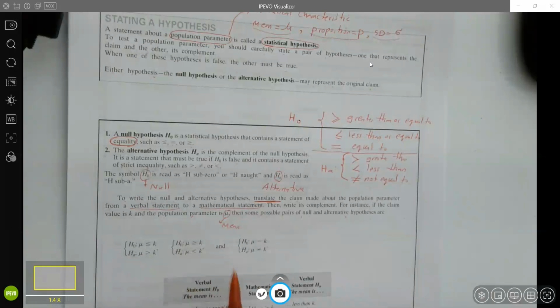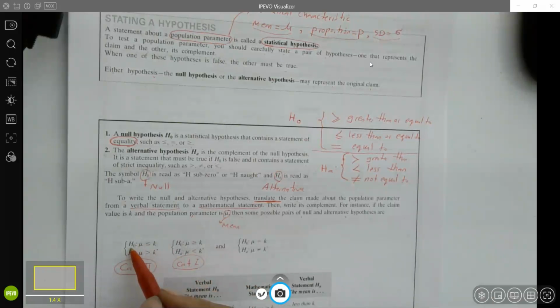Here we have our categories. This one was our first category, category 1. H null, or null hypothesis, says mean is greater than or equal to K. HA, the alternative hypothesis, says mu is less than K. This is our second category.